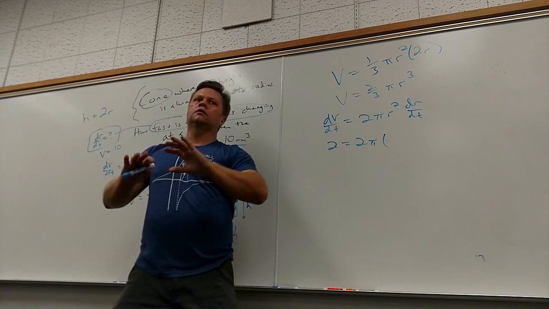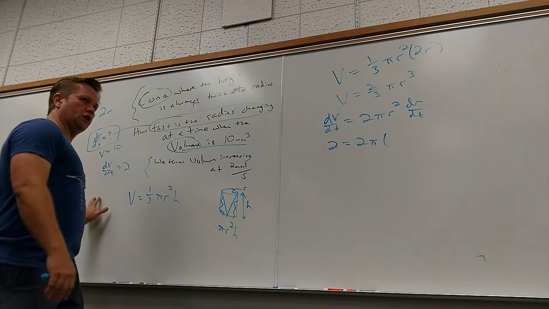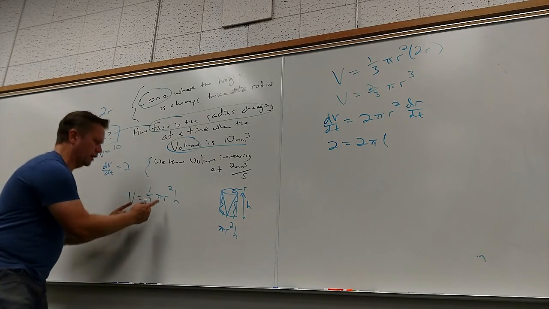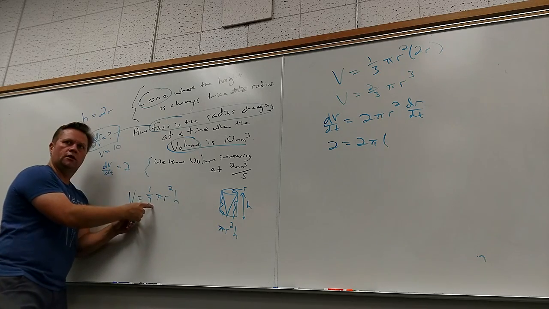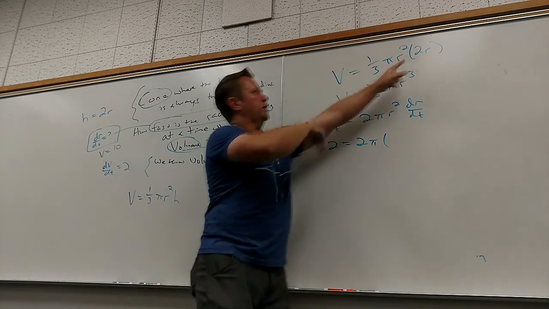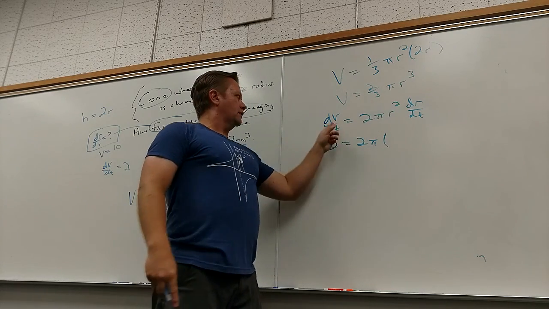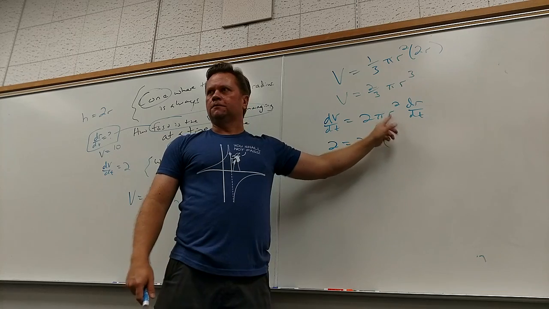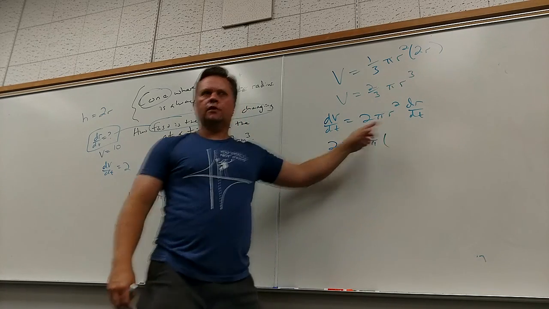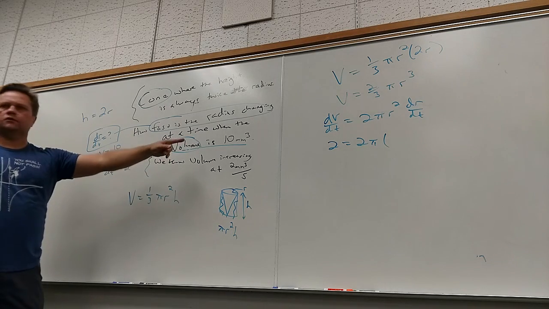Now watch. What motivates me every step? I write what they tell me in math symbols. I write the formula that's what they're talking about, the volume of a cone. I replace what I need to. I take a derivative and I go, do I have everything I need? I've got this. I want this. I'm supposed to know this. So then I say, what have I not used yet? The volume is 10 cubic millimeters.